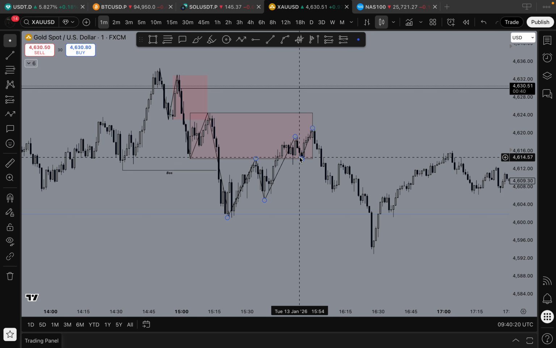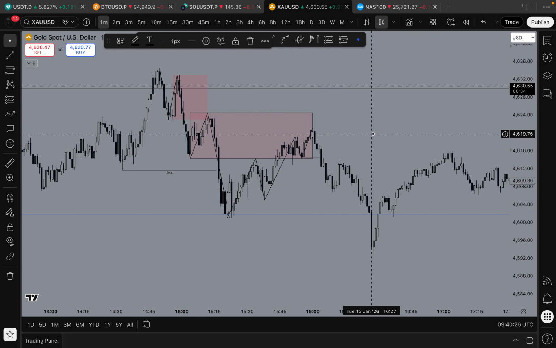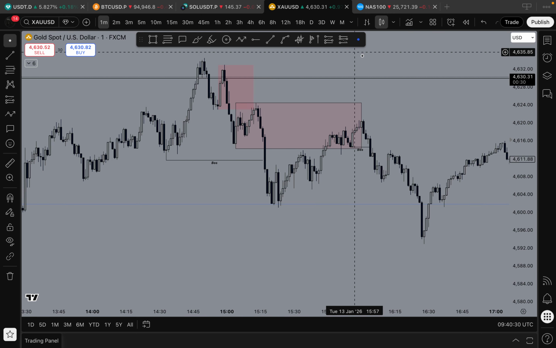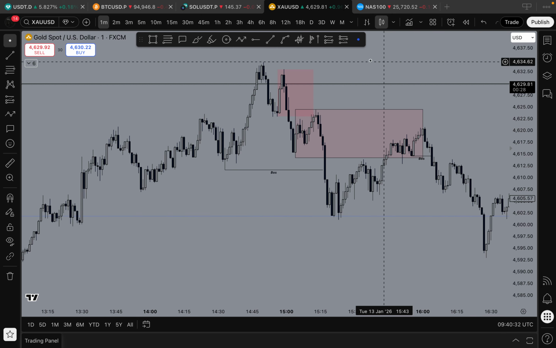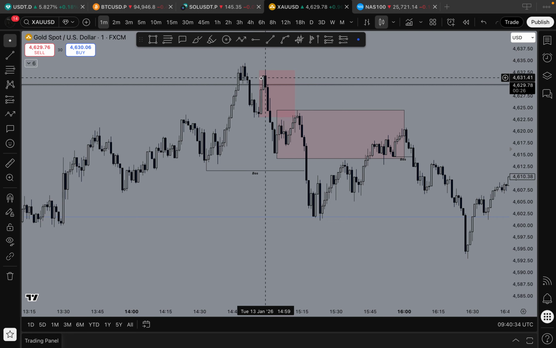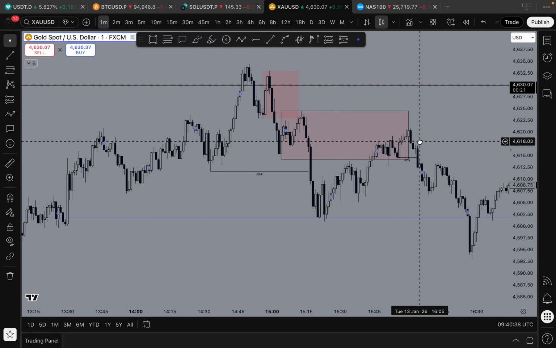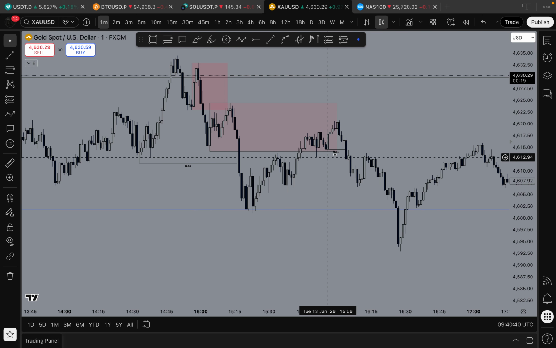Where do we break structure? Right here. Bearish break structure. At this point, you have a supply chain where here you created supply, price came into it, sold off, price comes into this supply, sold off again, break structure.